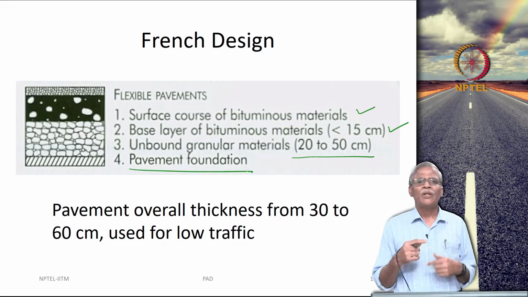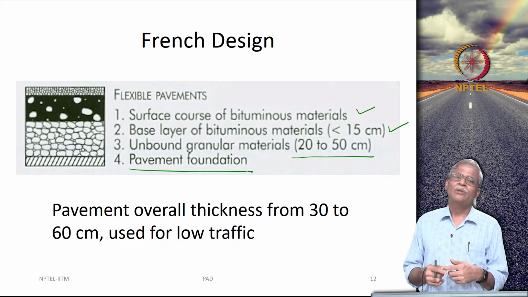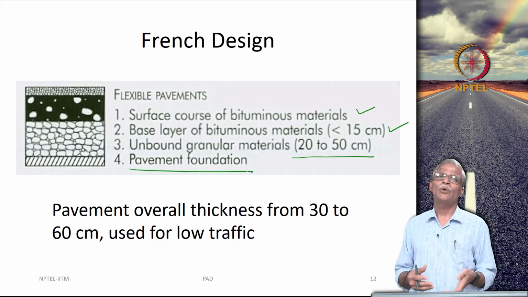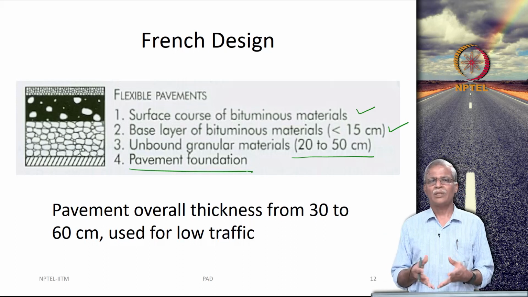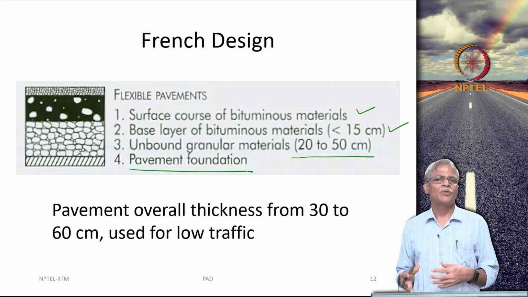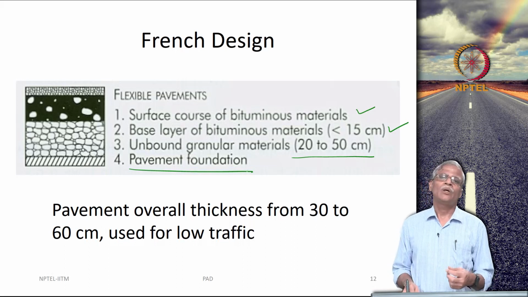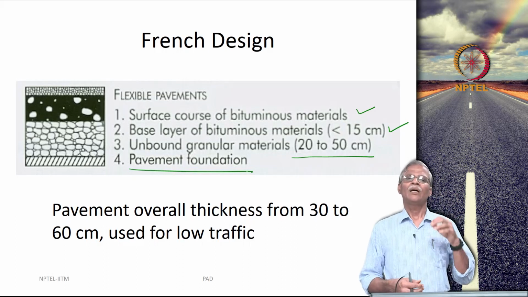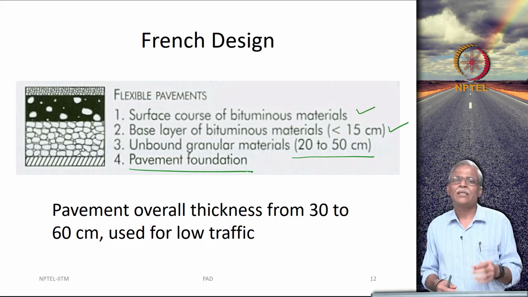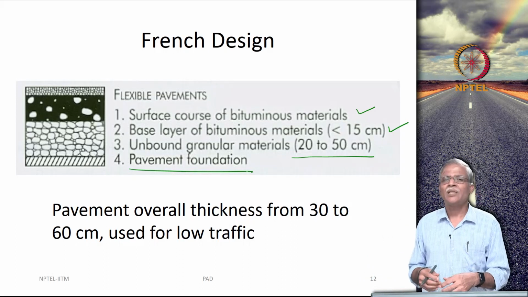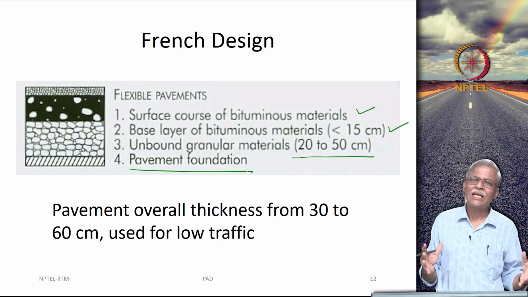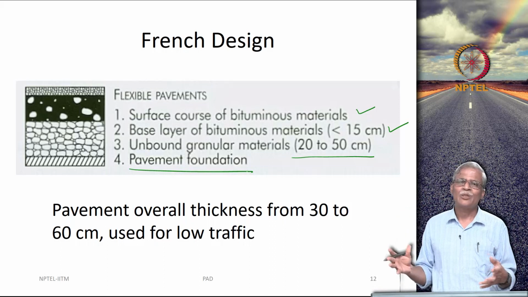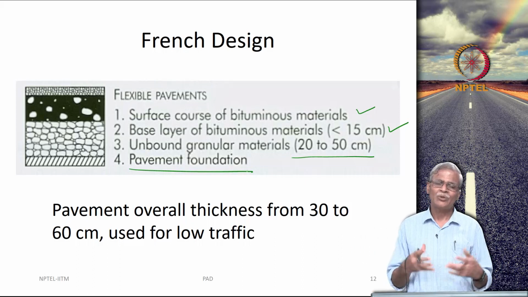I have a reason for emphasizing all these things, because at the end of the course what you are going to do is take any of the existing IRC 37 cross sections, use the distress functions, apply the load, compute the critical strain, and substitute these critical strains in these distress functions, and see whether the design equivalent standard axle load for which it has been designed actually meets or not.